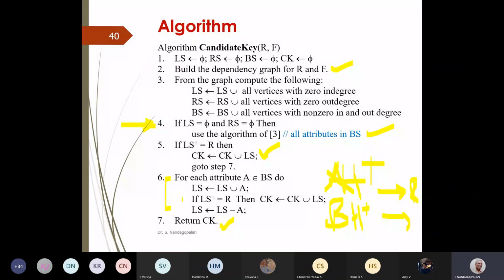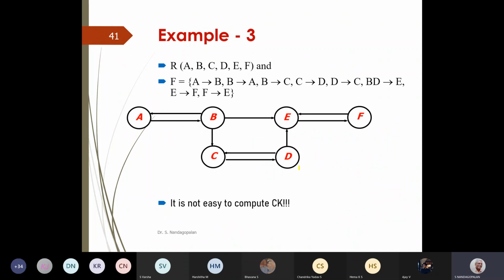Right. So we have now only this one. Supposing we have empty left hand side and empty right hand side, everything goes into both the sides, then what to do? So we have an example here. This is a typical example.